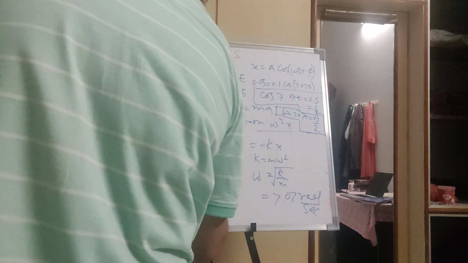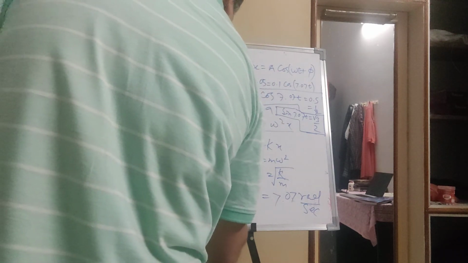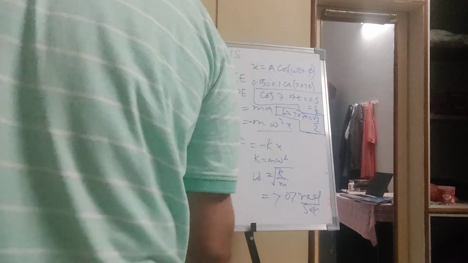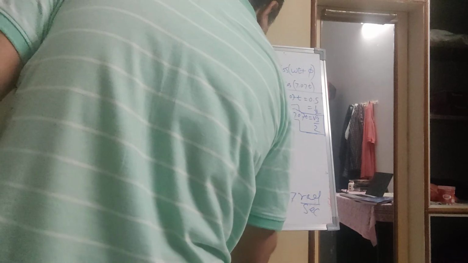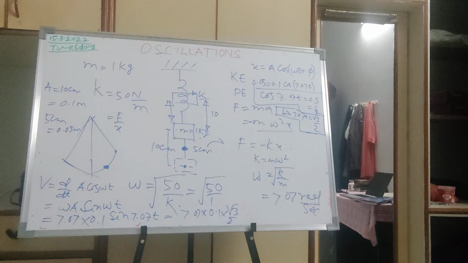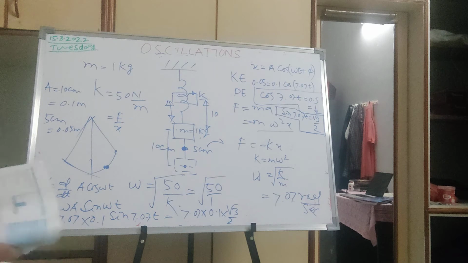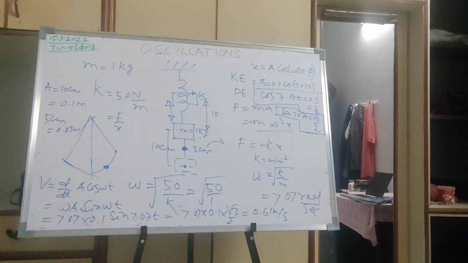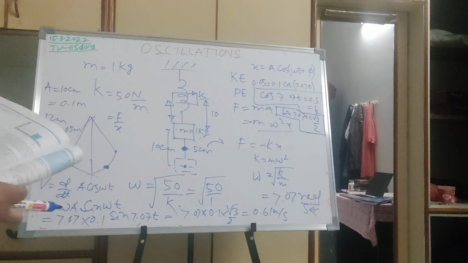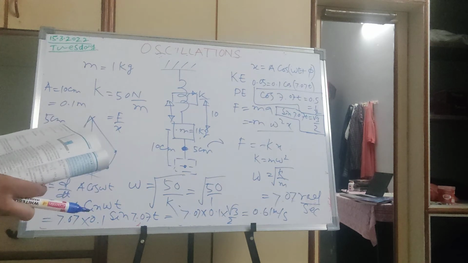So 7.07 into 0.1 into root 3 by 2 is your velocity. If you multiply and simplify, you will find it to be 0.61 meter per second.